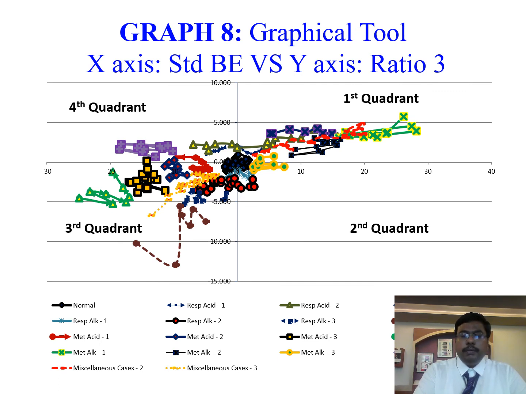Ratio 3 will be positive for increased PCO2, so positive for respiratory acidosis and negative for respiratory alkalosis. So all the 250 cases are divided into various groups and all are plotted. So easily you can plot in the 4-quadrant graph method.